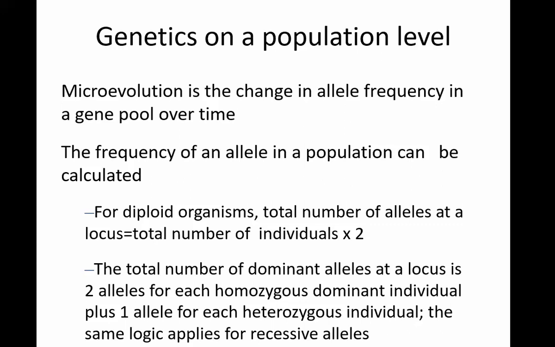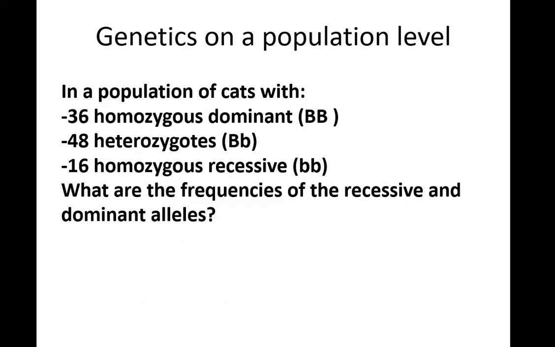And we would add that 8 to the number of heterozygotes in the population because they each have 1 recessive allele. So let's apply this to calculating the frequency of dominant and recessive alleles in a fictitious cat population. Let's say I have 36 homozygous dominant individuals, 48 heterozygotes, and 16 homozygous recessive individuals.